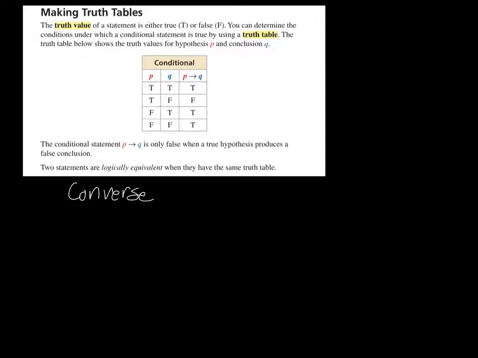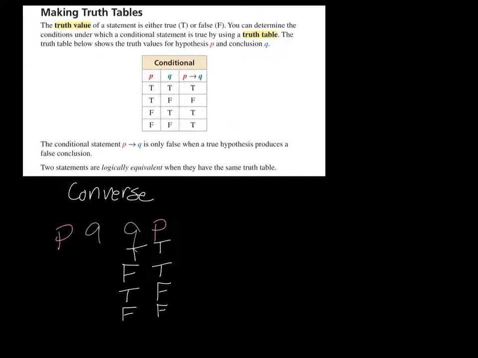So if I take my original P and my original Q and do the opposite, I'm going to flip P then Q to Q then P. So my first P was true, my first Q was true, my second P was true, my second Q was false, my third P was false, my third Q was true, and then my last P was false, and my last Q was false.